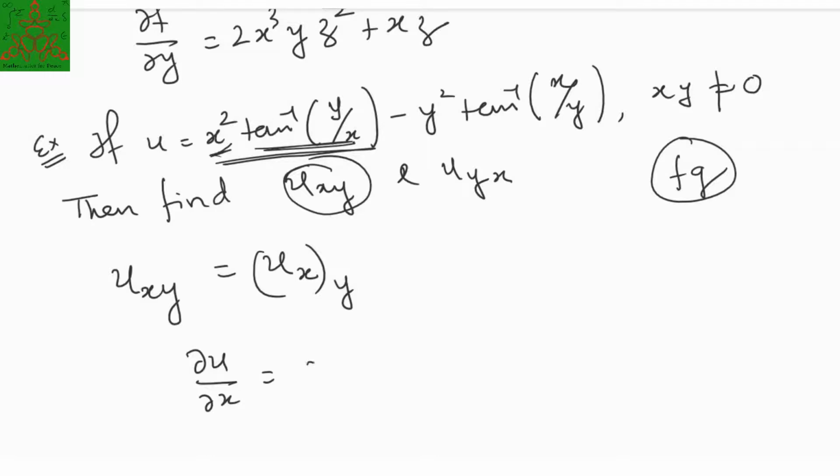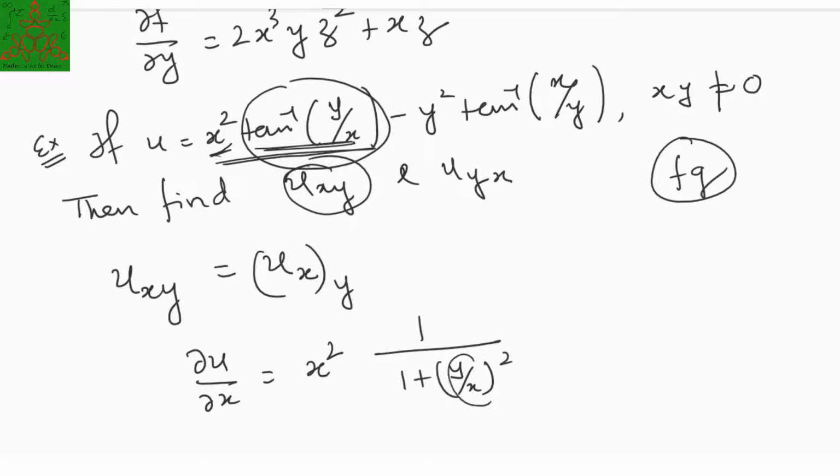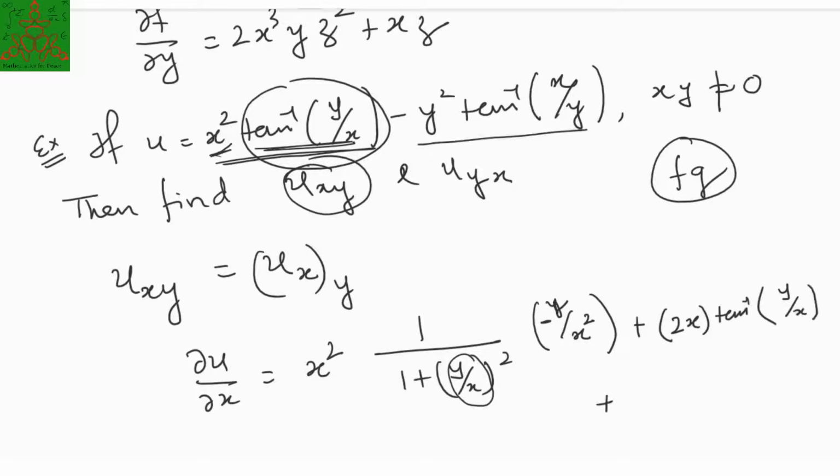So first x square as it is, the derivative of tan inverse of y by x will be 1 upon 1 plus y upon x whole square, because you know that the derivative of tan inverse of x is 1 upon 1 plus x square. Now we need to differentiate this y by x using the chain rule, that is minus 1 upon x square and the y is constant, so it is as it is, plus the derivative of x square will be 2x and this tan inverse of y by x as it is, so minus this quantity, derivative of this quantity y square as it is.